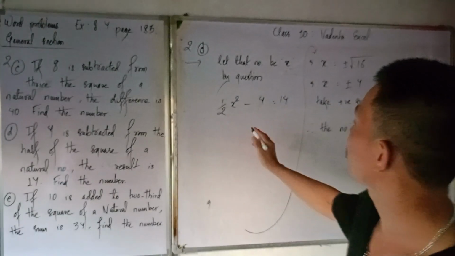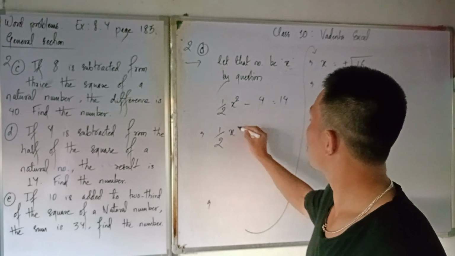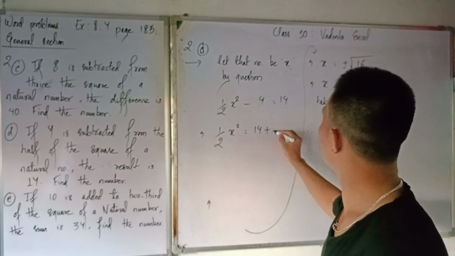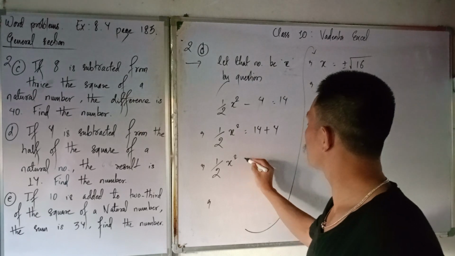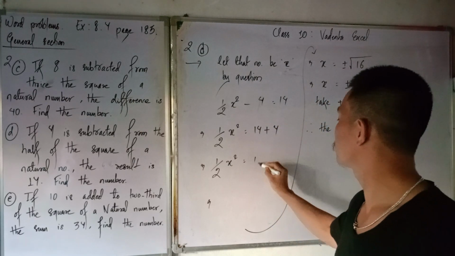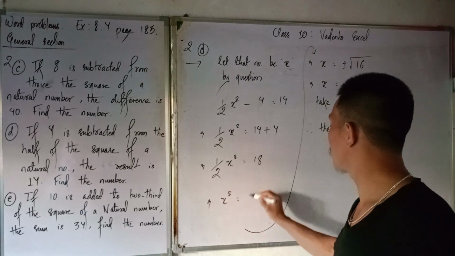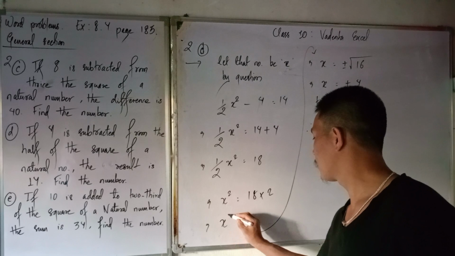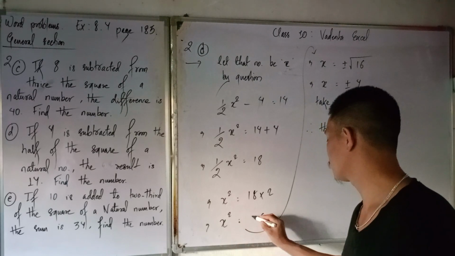Now you just simplify. Take the 4 to the other side: 14 plus 4. 1 by 2 x squared equals 18, or x squared equals 2 multiplied by 18, cross multiply, this becomes 36.